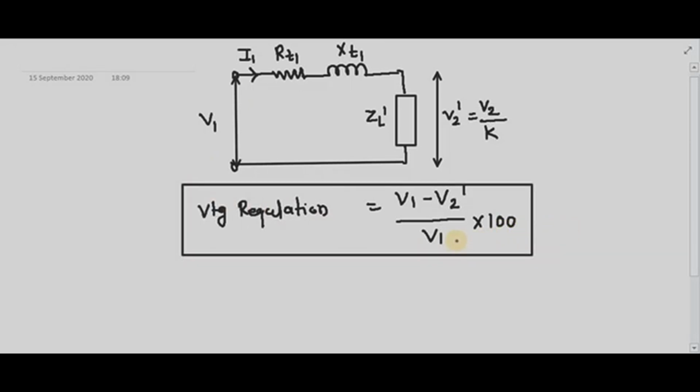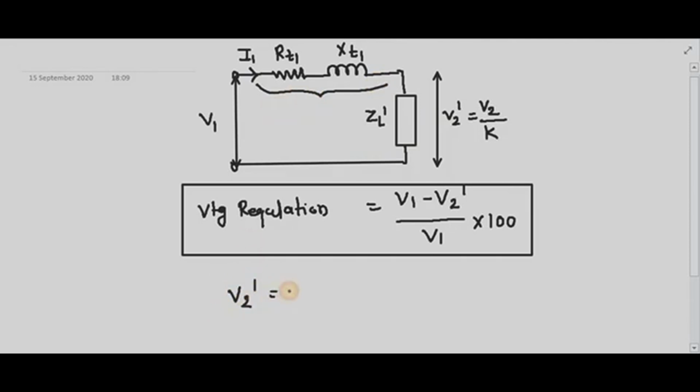Okay, so on no load, the secondary terminal voltage of the transformer referred to the primary side will be V1 only. But as I connect the load, the secondary terminal voltage will drop due to the impedance drop. So what will my V2 dash become?